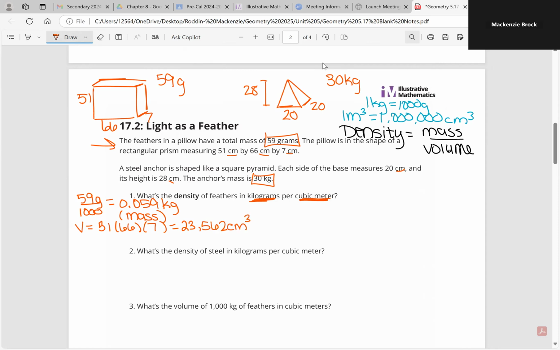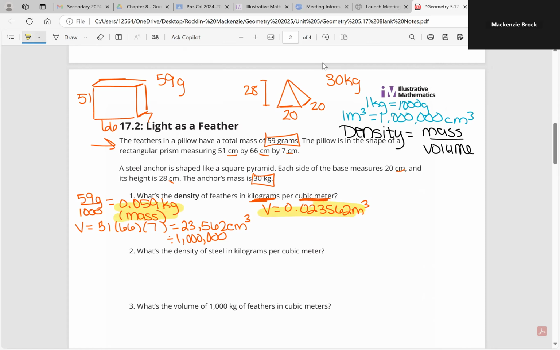But I don't want cubic centimeters, I want cubic meters. So I need to take that, and I'm going from small to big, just like I did before. So I'm going to divide that by the million. And so volume in cubic meters is 0.02356 cubic meters.